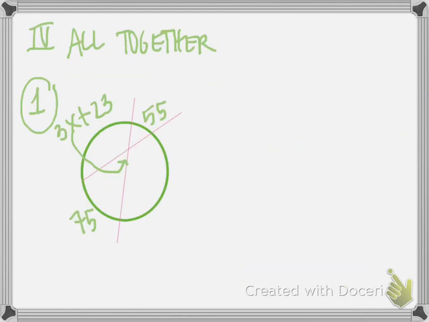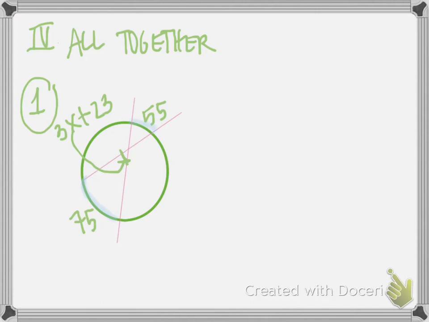Okay, so let's put it all together, maybe with a little bit of algebra. If I want to find the value of x here, the intersection is happening inside the circle, so that means that this measure here is going to be equal to 1/2 times the sum of these two.